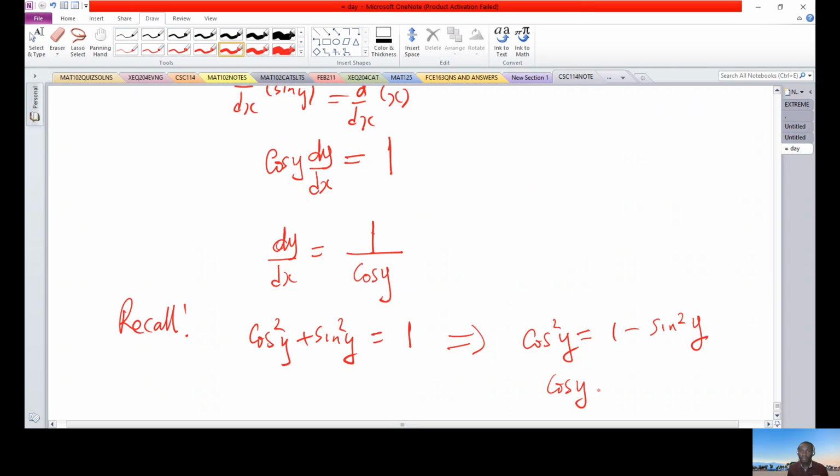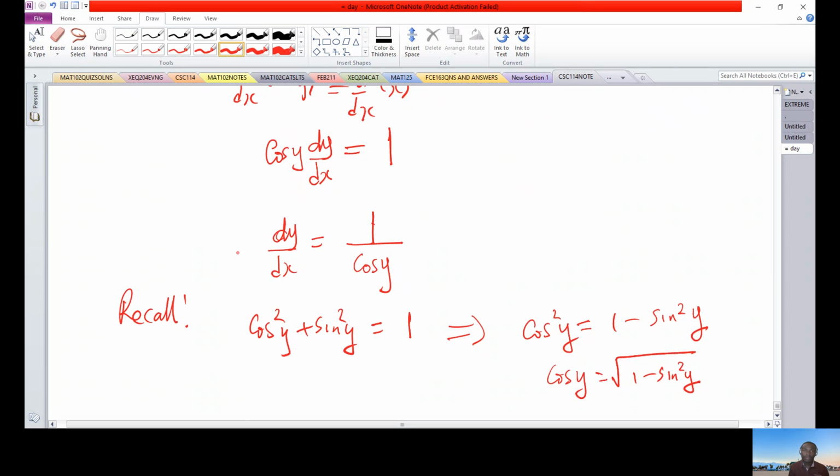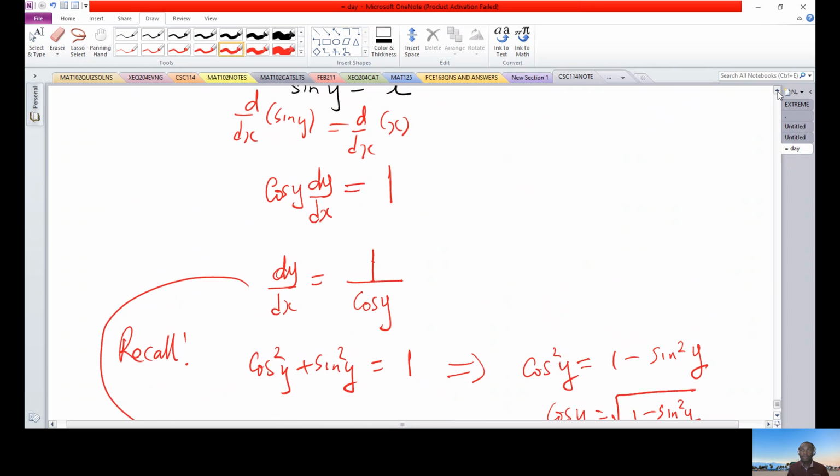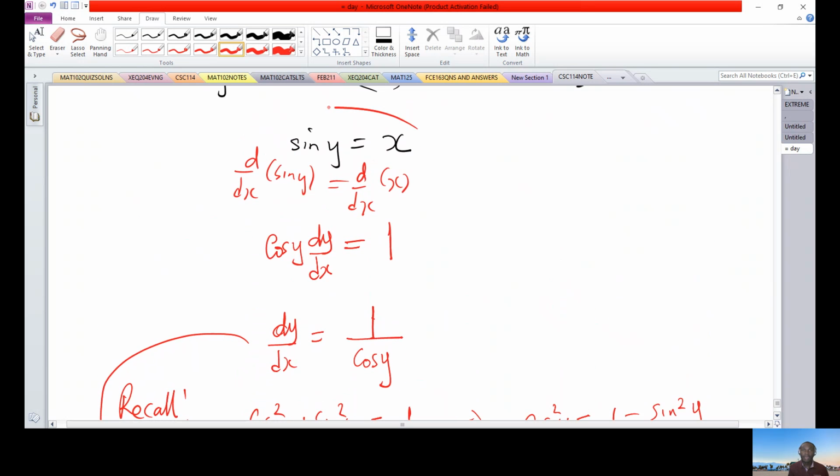So cos y is the square root of 1 minus sine squared y. So therefore now this equation becomes: in place of cos of y, we write the square root of 1 minus sine squared of y. But remember, from the word go, sine of y was given by x, which means sine squared y will be x squared.